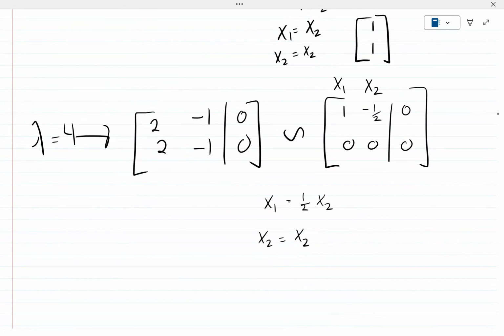So now you get 1/2, 1. Or if you want to factor out a 1/2, this is going to be 1, 2.